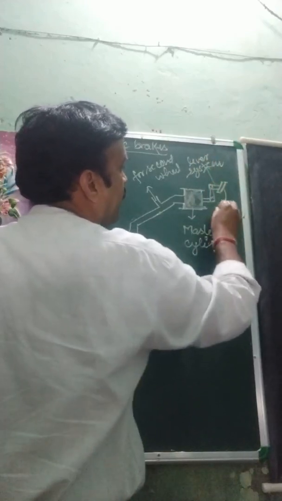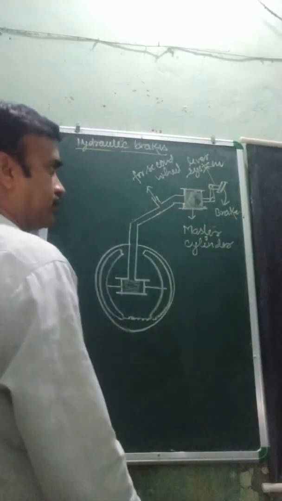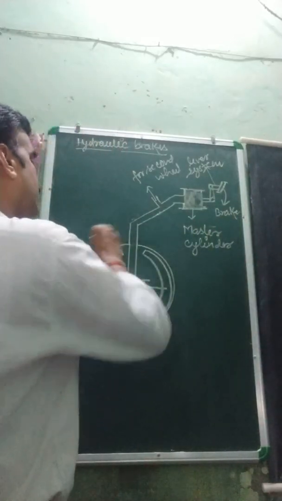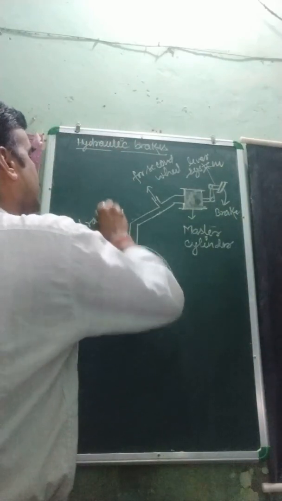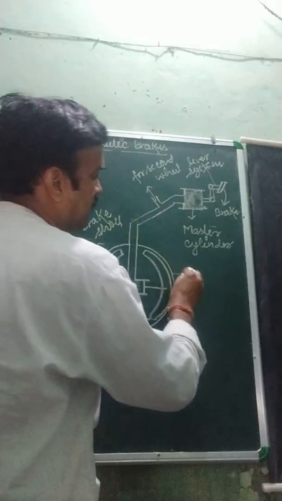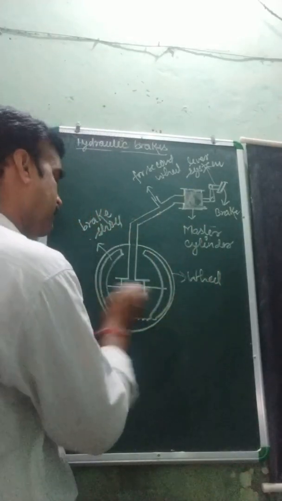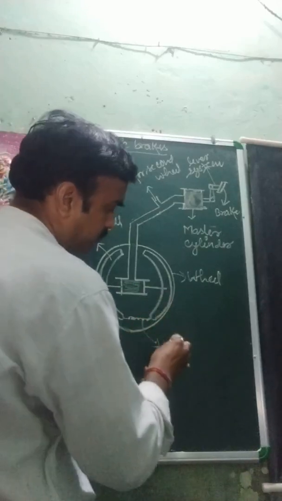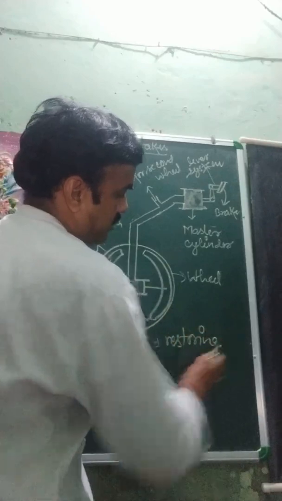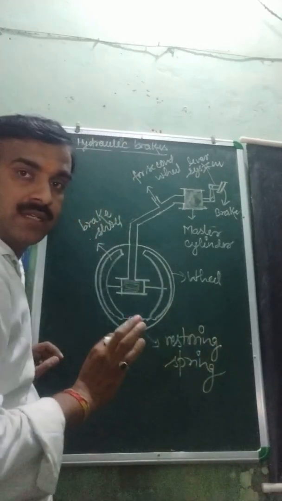This one is the brake pedal. Here it's the brake shoes. This one is the wheel. This one is the restoring spring. Okay, got it?